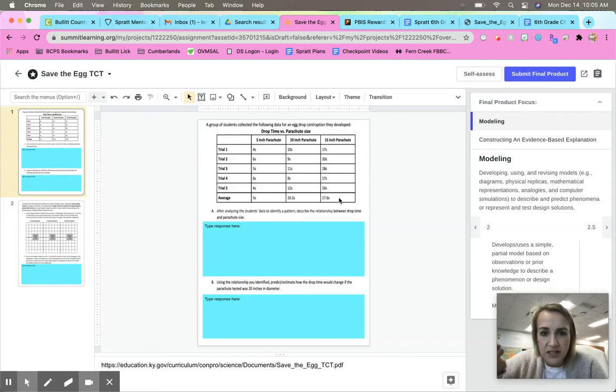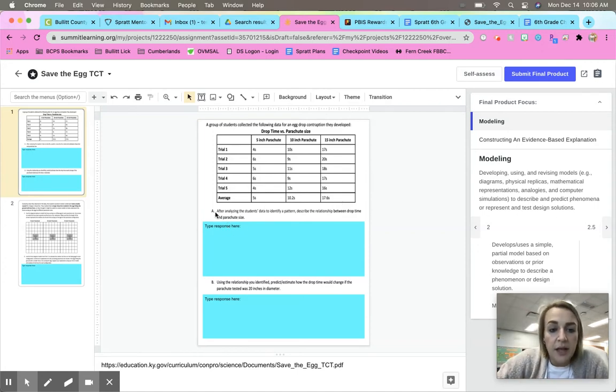What do we notice about this data and the drop time compared to the parachute size? Every time the parachute size increases, the drop time increases. More space, more air resistance, slowing that egg down, okay?